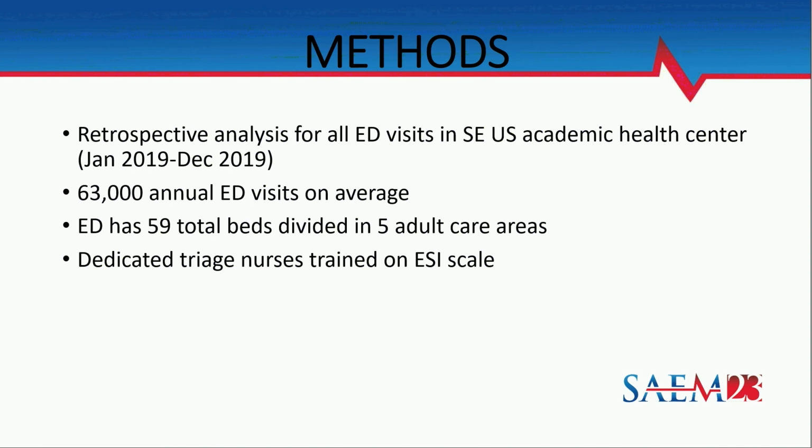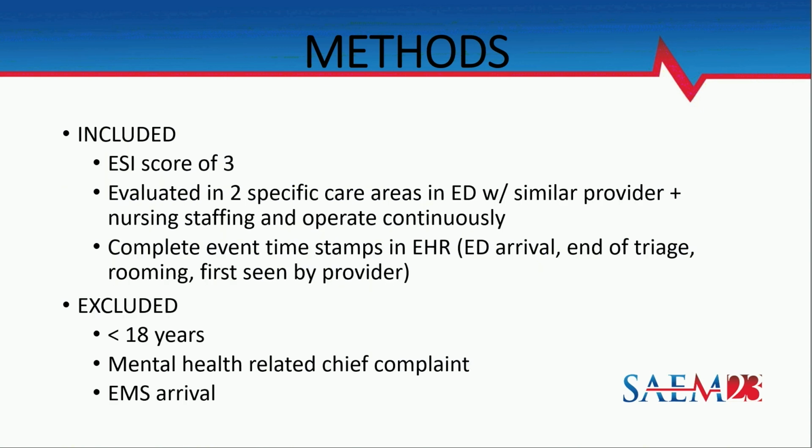This hospital saw approximately 60,000 annual ED visits and has 59 total beds in 5 different areas. All of the triage nurses are dedicated and have dedicated training in the ESI scale. For this study, they included patients who had an ESI score of 3, and they had to be evaluated in 2 specific areas that operated 24/7 and had similar provider and nursing staffing ratios.